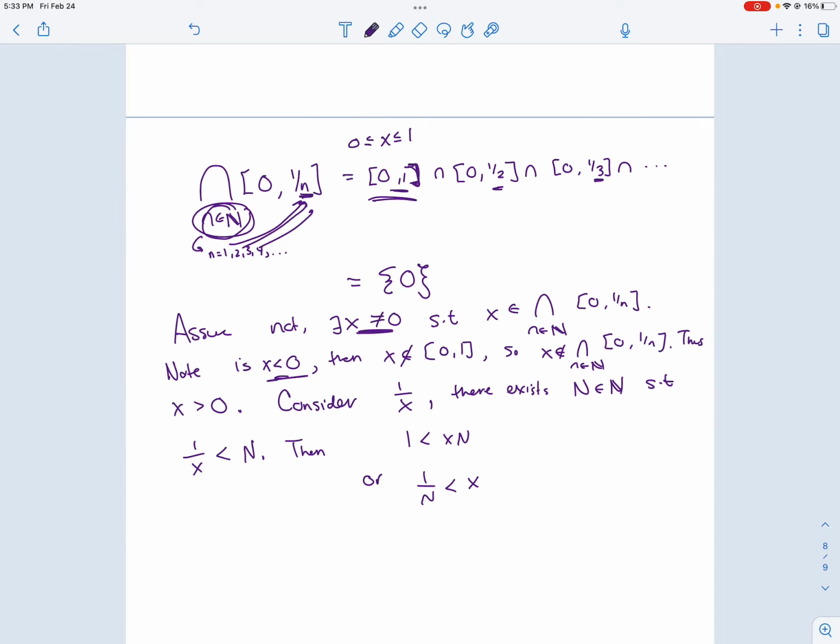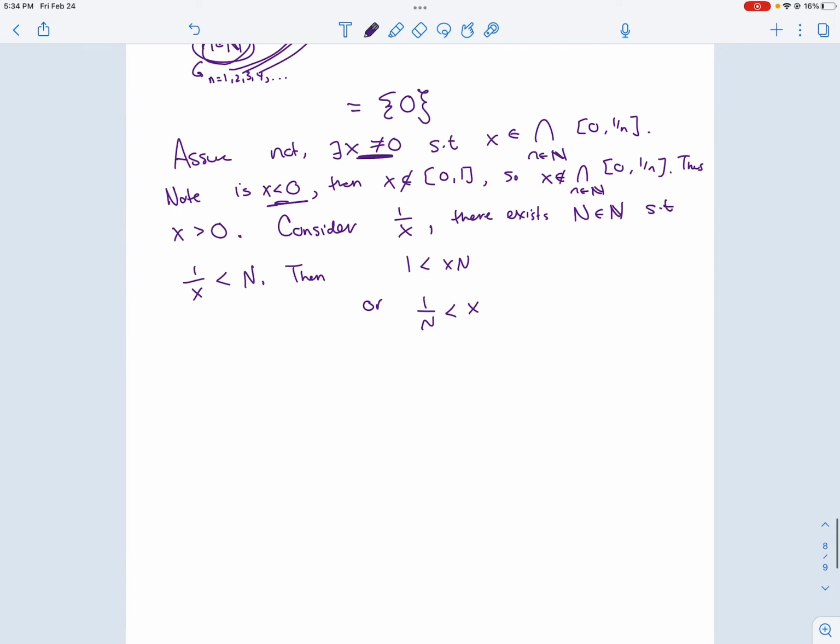I bad mathed. There has to be a number where x is greater than 1 over n. But x being bigger than 1 over n isn't what I want. I wanted x less than 1 over n. I should have done my scratch work.